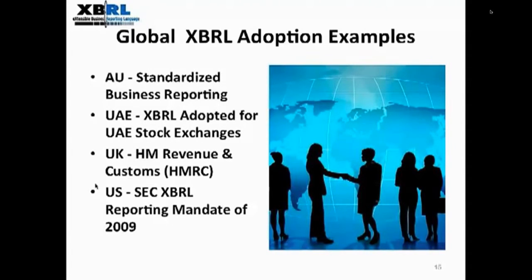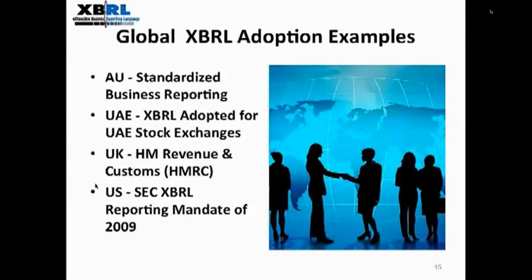So here are some specific global XBRL adoption examples. In Australia, there's voluntary reporting for standardized business reporting, and that means that the Australian Department of the Treasury coordinated with a number of agencies to identify the information that those agencies needed.